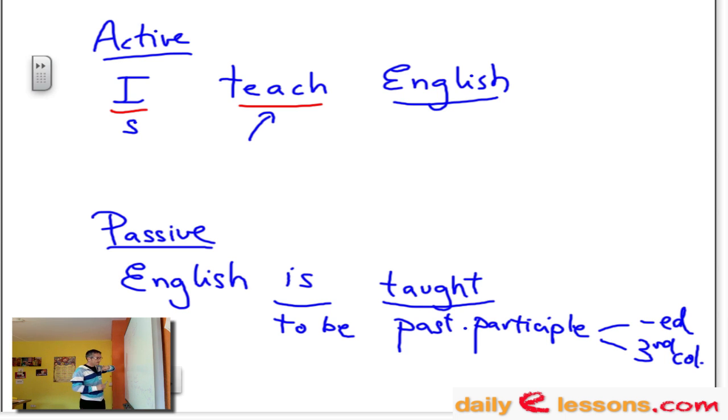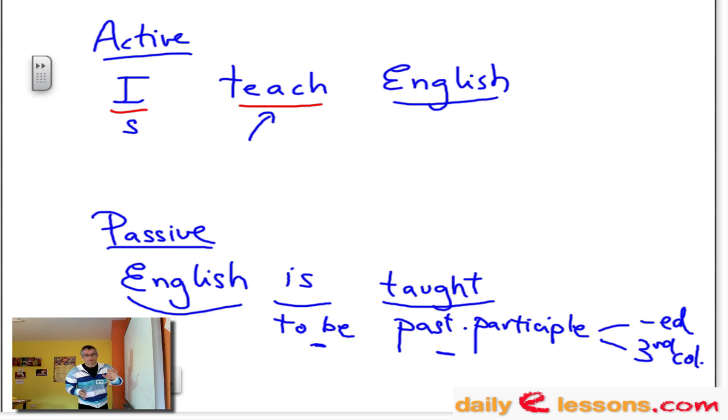It means that the active, I said it again, active is the subject. The subject is doing the action. So I teach English, I do the action. Whereas in the passive sentence, the subject does not do the action, and the action is done to it. So English is taught. How can I create a passive sentence? Simple. The passive subject, plus the verb to be, plus the past participle.